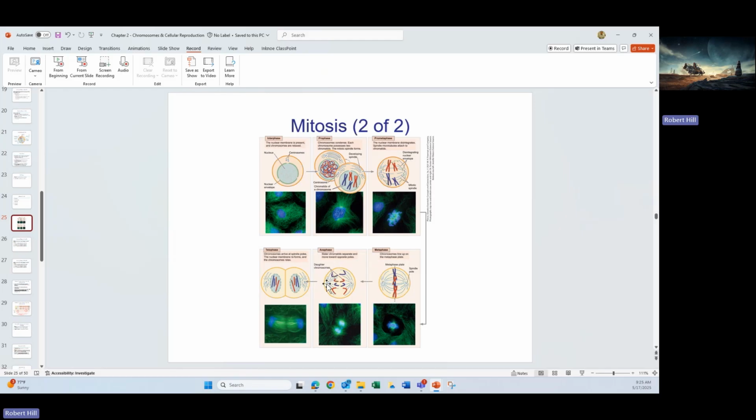Then in anaphase, the chromatids are pulled apart. And telophase is basically the reverse of prophase. The nuclear membrane reforms, and the chromatids are now termed chromosomes.